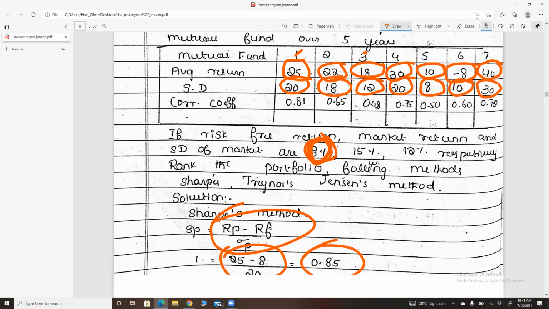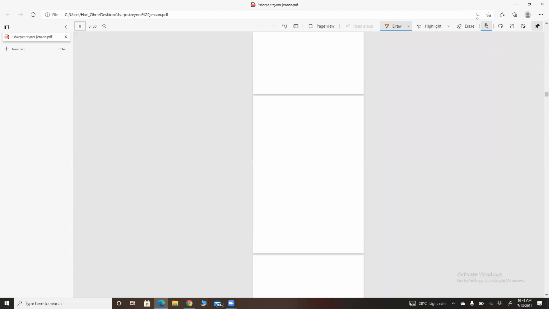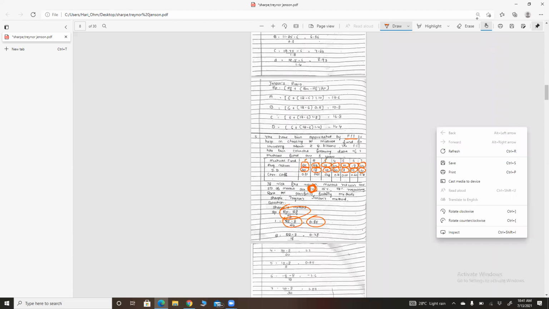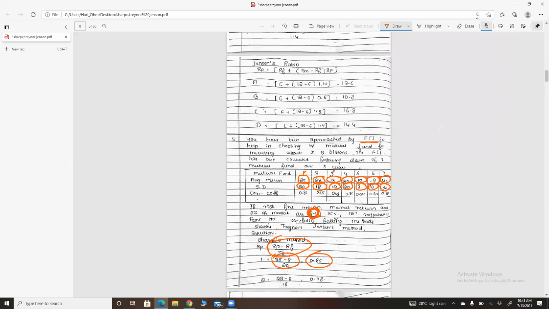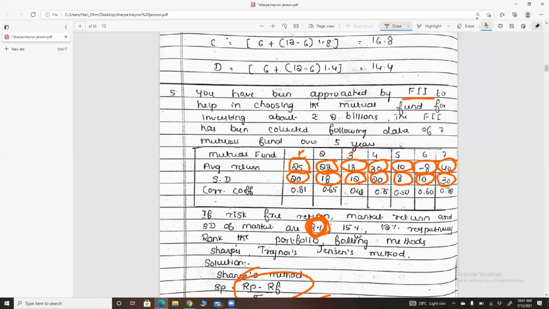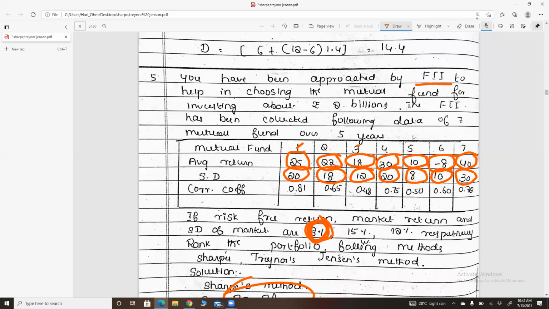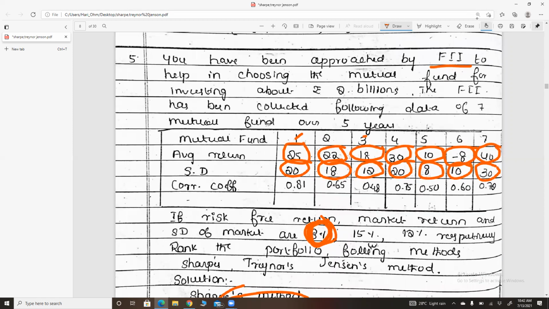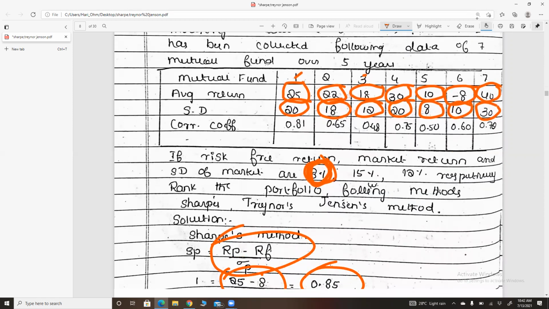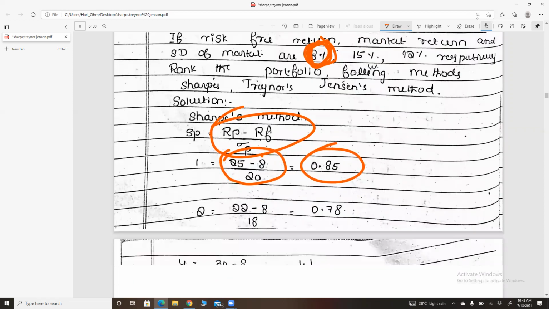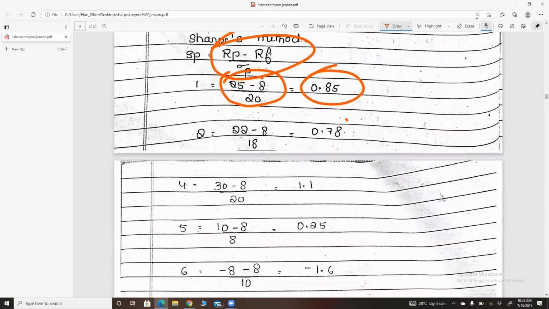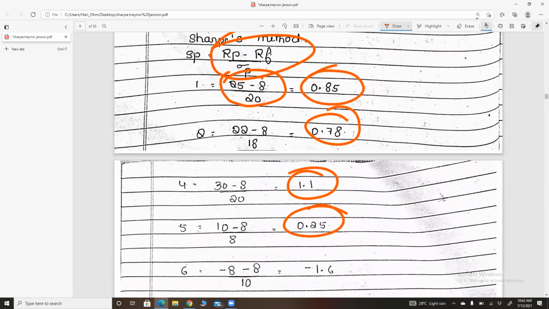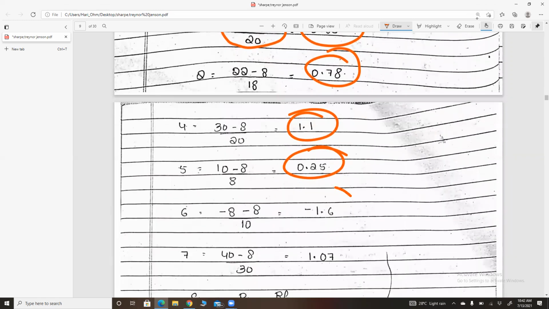So like that you have to calculate. That is about Sharpe's method. You get answers 0.78, 1.1, 0.25, and 1.6 and 1.07.